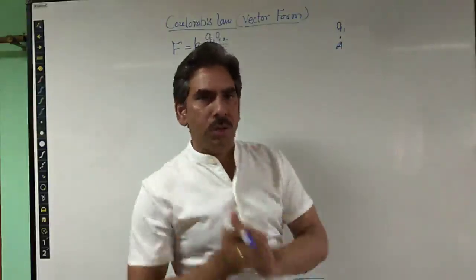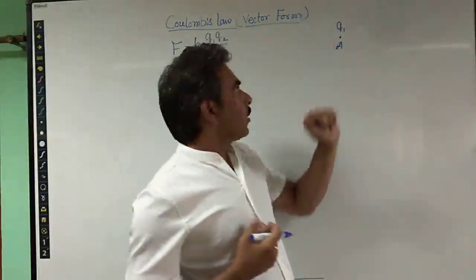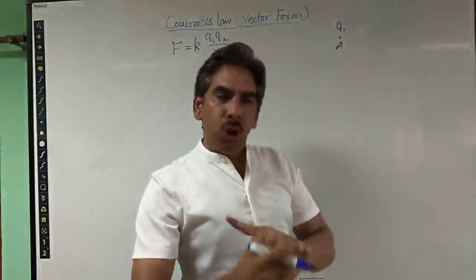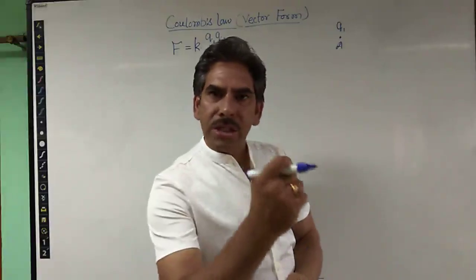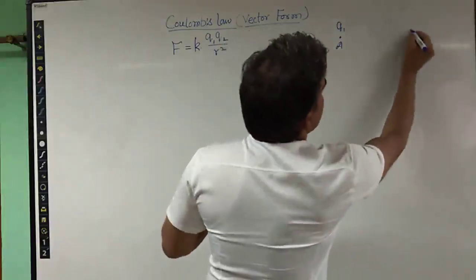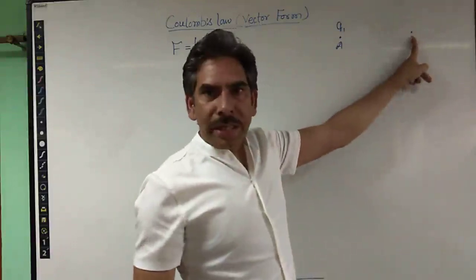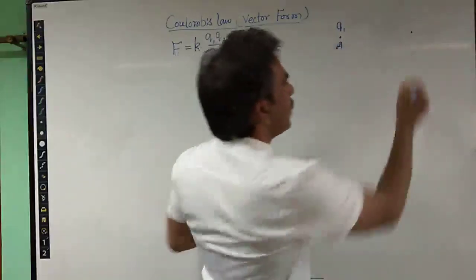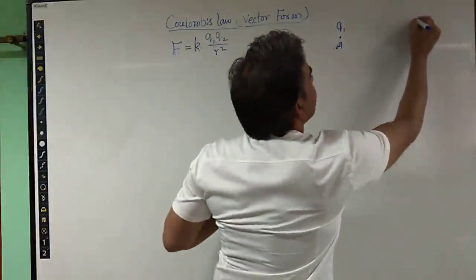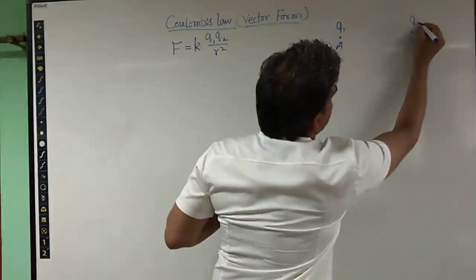According to Coulomb's law, this is the charge under consideration, right? We take another charge on which we are willing to find out the force. We take that charge as Q2. Suppose the charge on which we are willing to find out the electrostatic force, or we can say Coulomb force exerted by Q1, is lying at position B, and the magnitude, or the strength, of that charge is Q2.